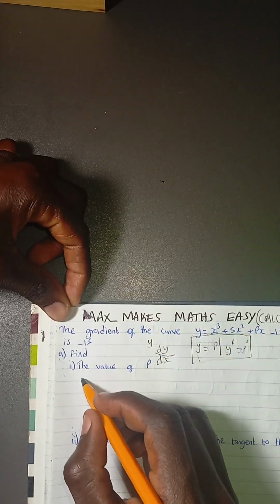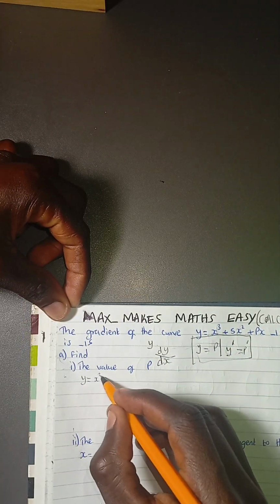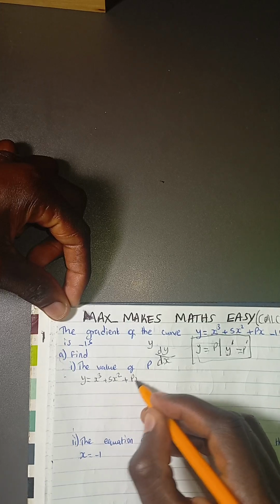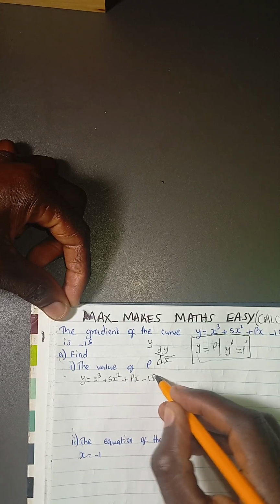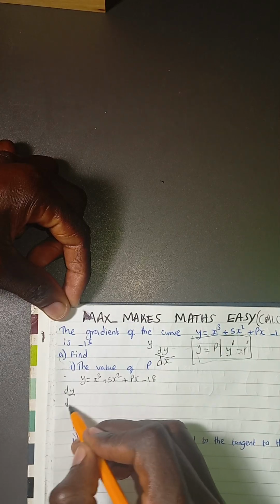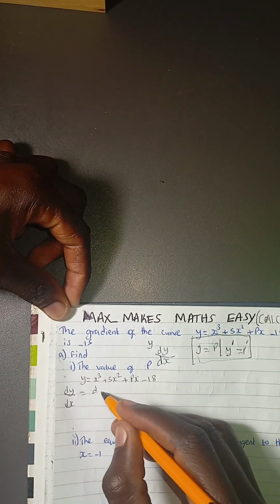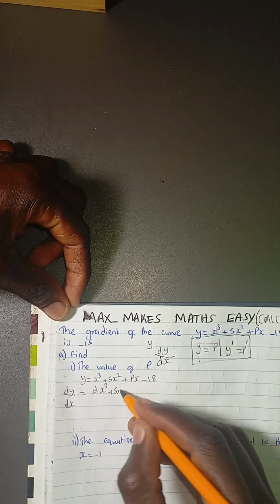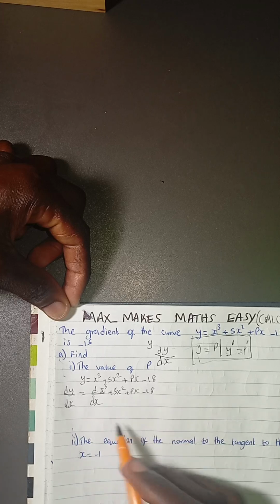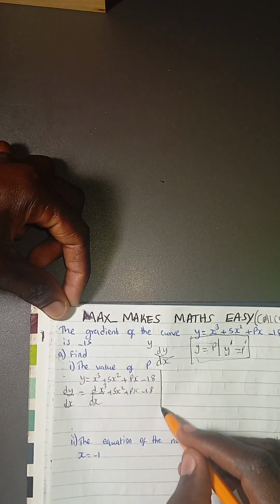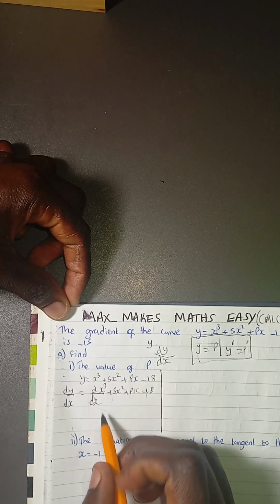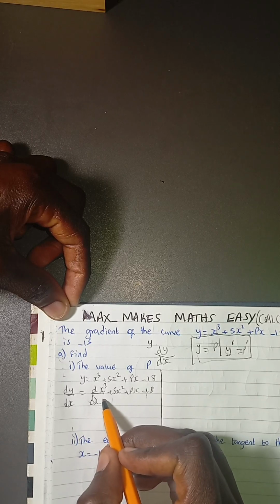So we say y equals x cubed plus 5x squared plus px minus 18. If we do dy/dx, we shall get the derivative of x cubed plus 5x squared plus px minus 18 with respect to x. Remember, you should know how to find the derivative.